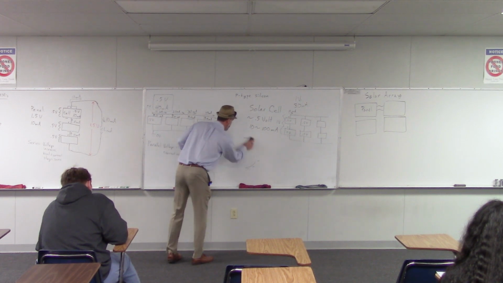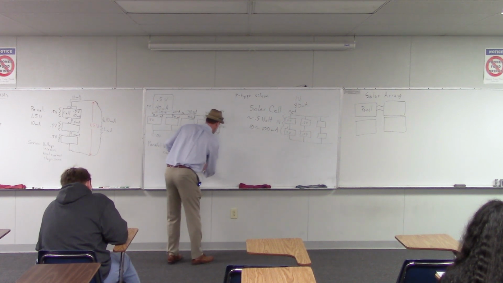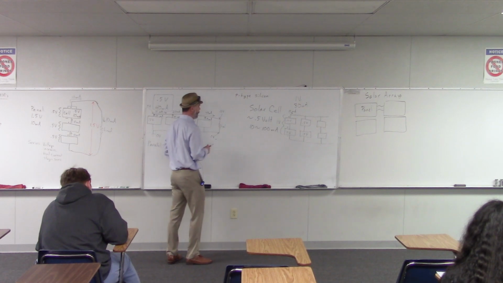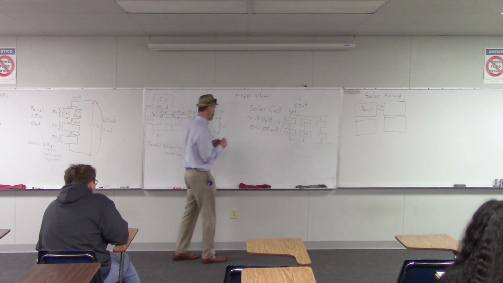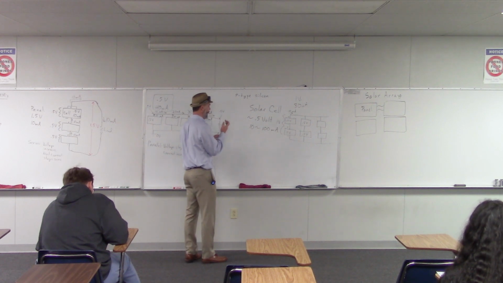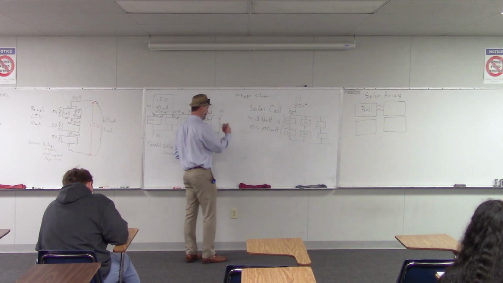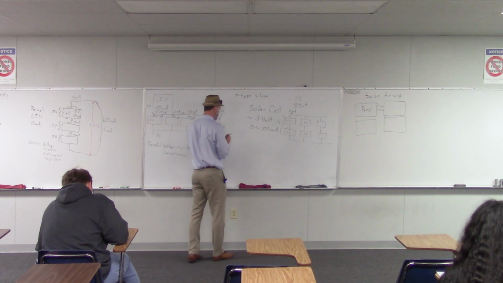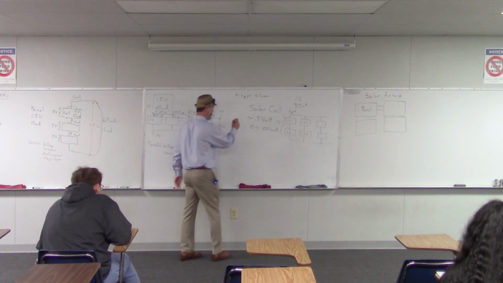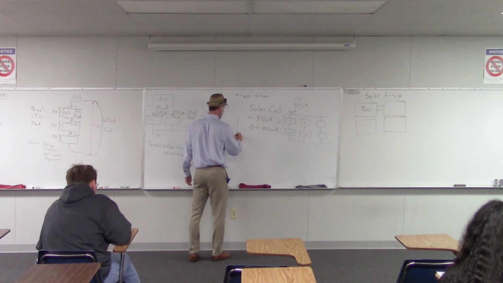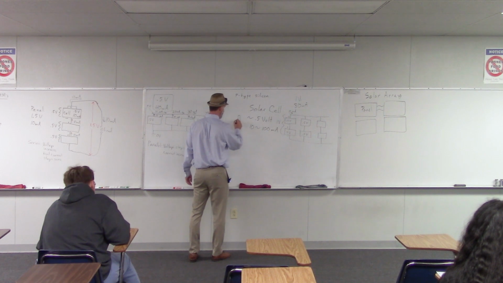So if we were to look at the cells inside of a panel, if we were to cut a slice right through the side of the panel, we could see these cells. And say this front side was the negative side and the back side is the positive side.